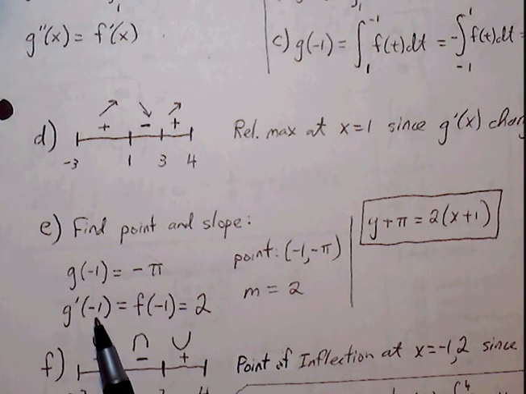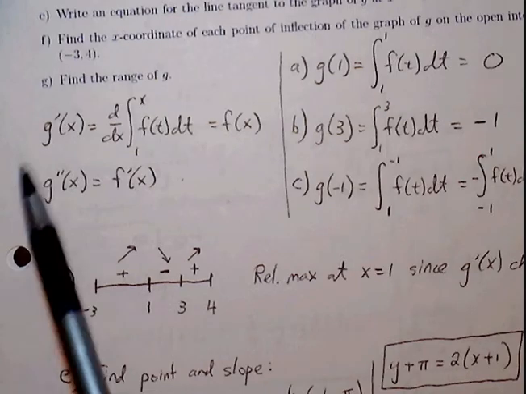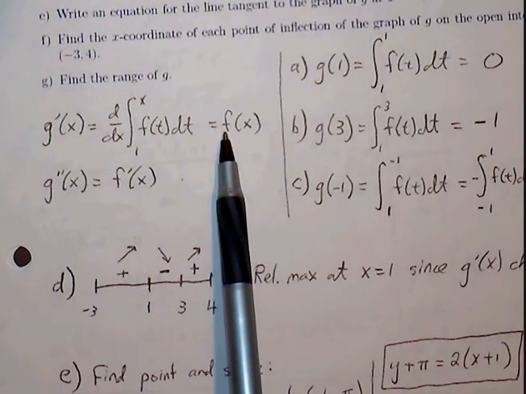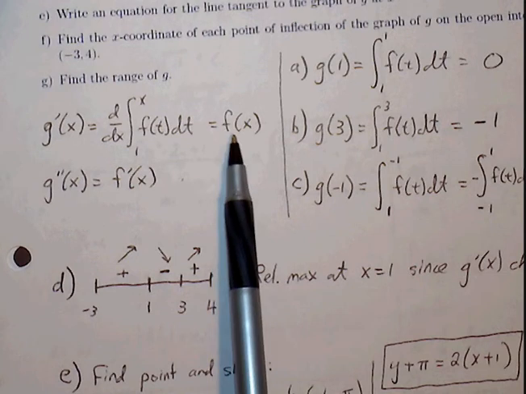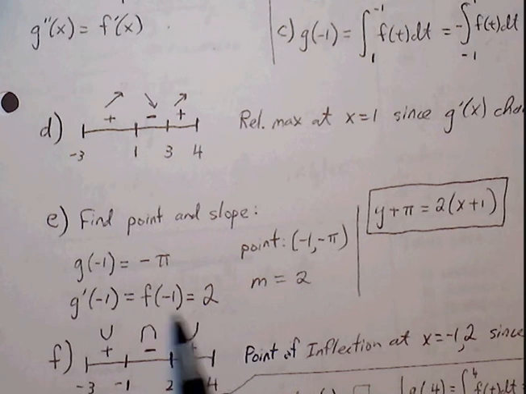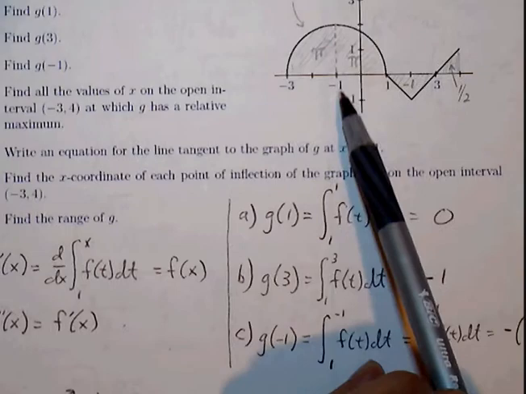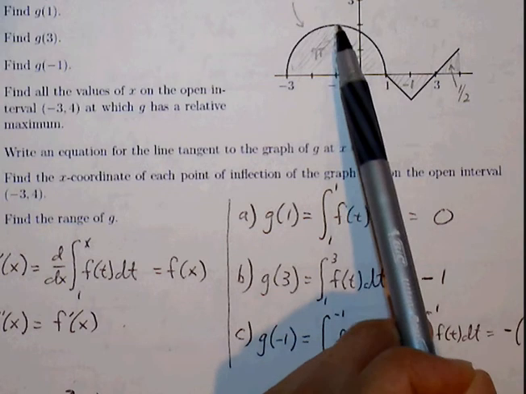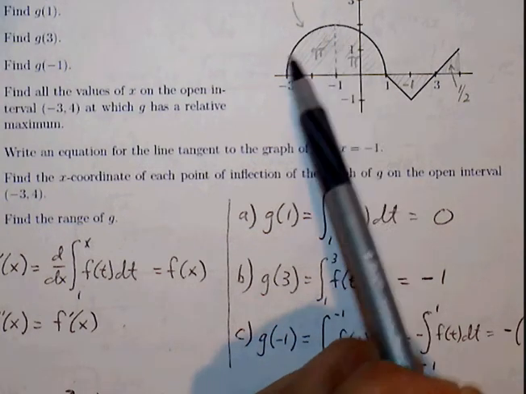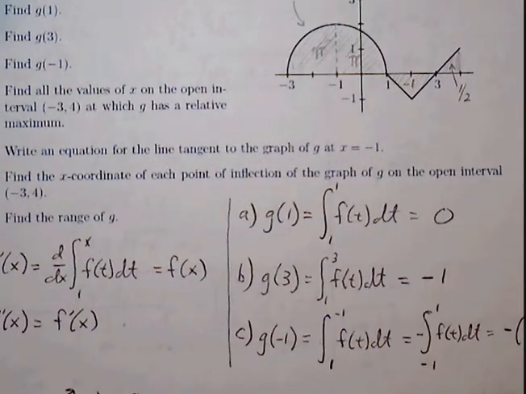Now, g prime of -1 is equal to f of -1, because that's the relationship between g prime, g of x, and f of x. So f of -1 is simply equal to 2, because I'm just reading the ordered pair from my graph. So f of -1 will be a y value of 2. And remember, all these y values represent the slope of g of x now.